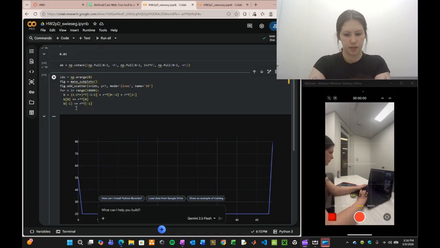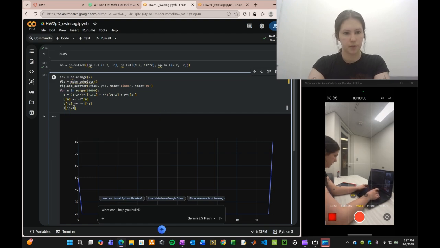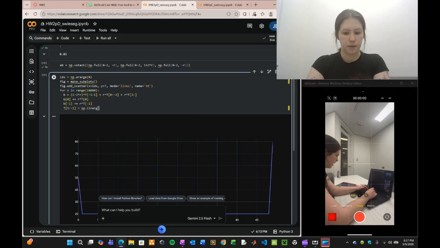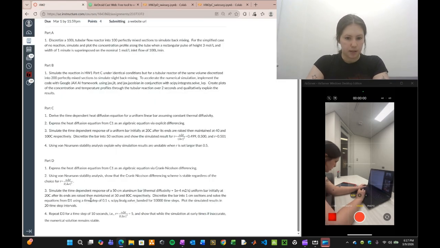And then we want t from 1 to negative 1 to be equal to scipy.linalg.solve_banded. I'm going to do scipy.linalg.solve_banded, with b1, and then ab, and b. And then we want to plot the results in 20 time step intervals.